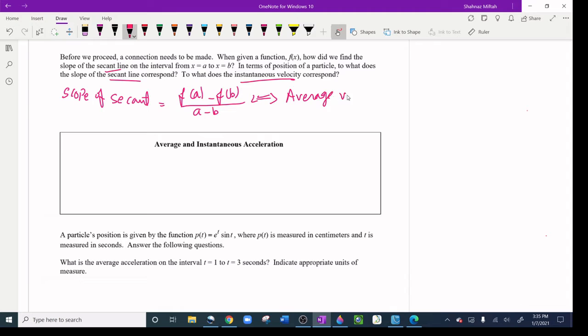Look at the connection. Slope of secant is this, and average velocity is also this. Then we have the slope of the tangent line. Slope of tangent is equal to f prime a and also instantaneous velocity.